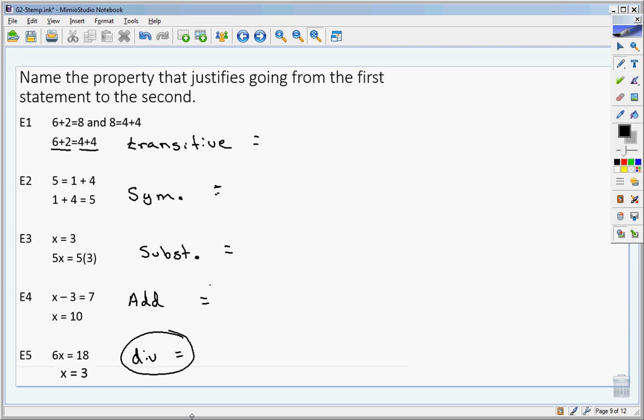You can abbreviate. The only thing that I'd say be careful about abbreviating is substitution. Make sure that it's obviously substitution and not subtraction. You just can't write SUB, in other words, because then you wouldn't know which one was which. Everybody good? 1 through 5.